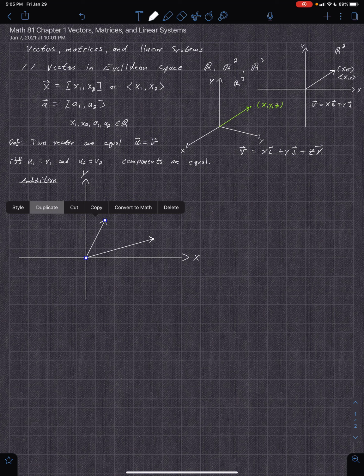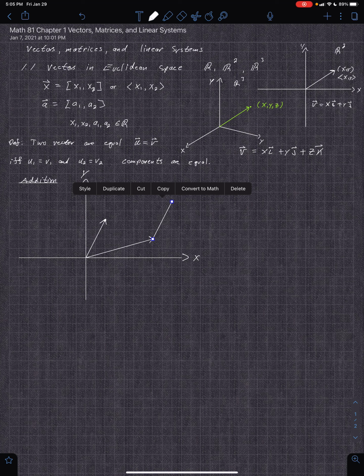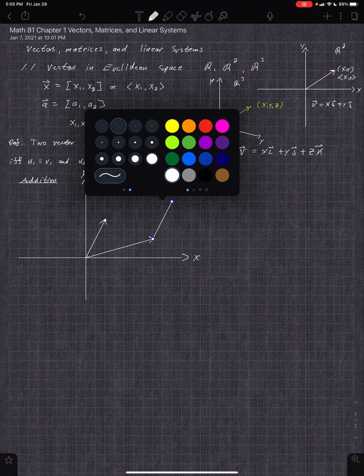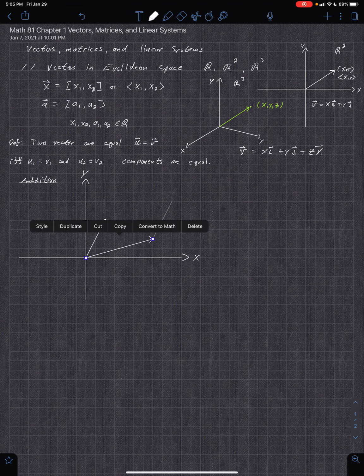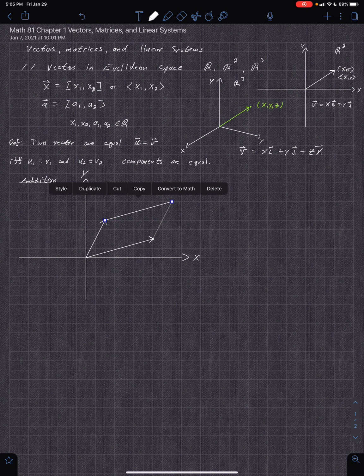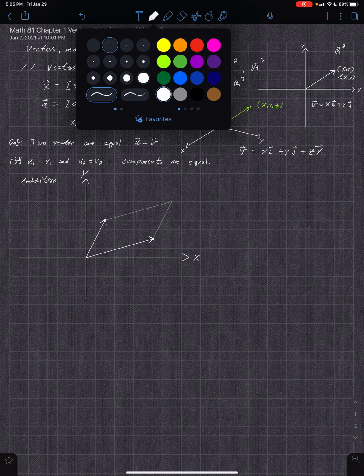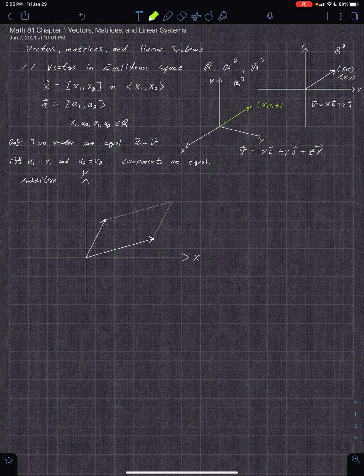We're going to duplicate that, and then I'll make that dotted. Let's change that to gray. Same idea with this one: you put in that parallelogram, make that gray, and that gives you your resultant vector. Your resultant vector would look like that if you add them up.